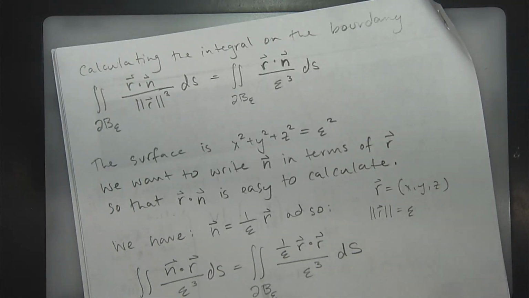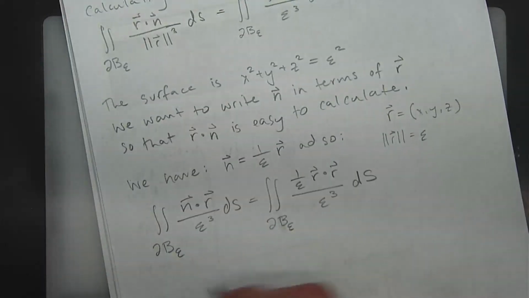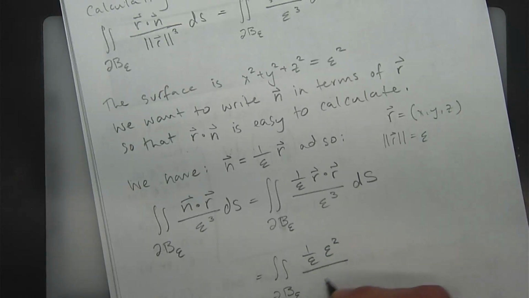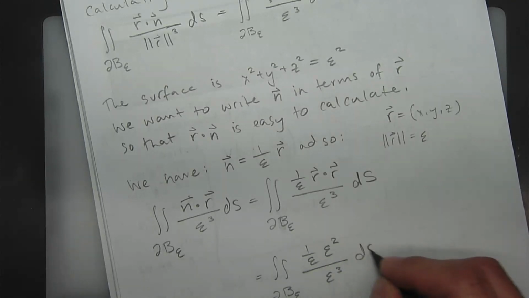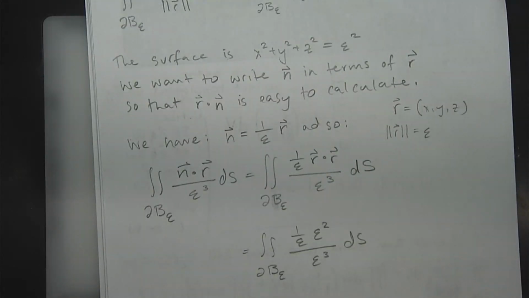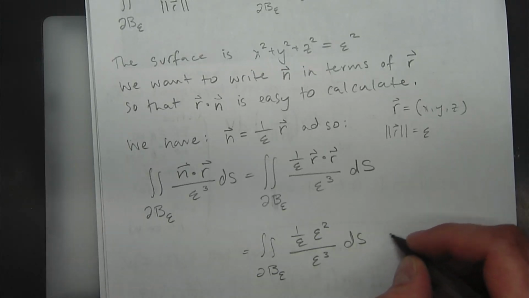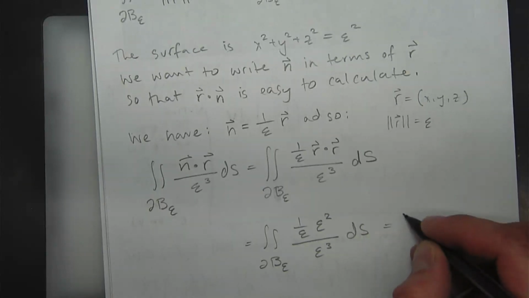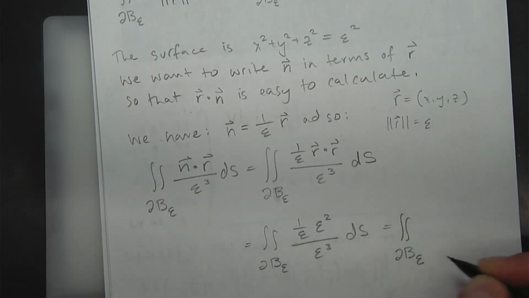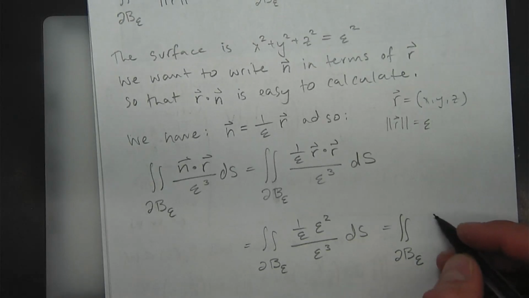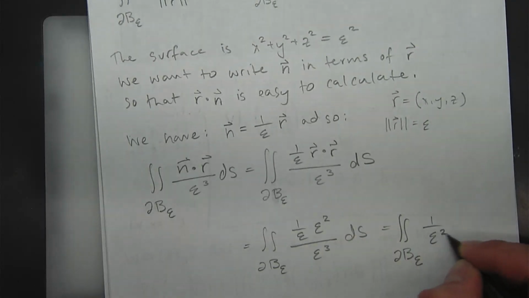Okay, now we've got a norm squared. This is no good. Oh, no, we're good, we're good.